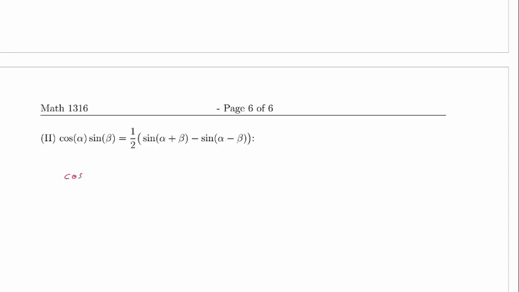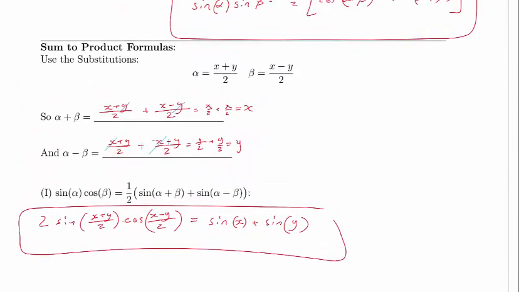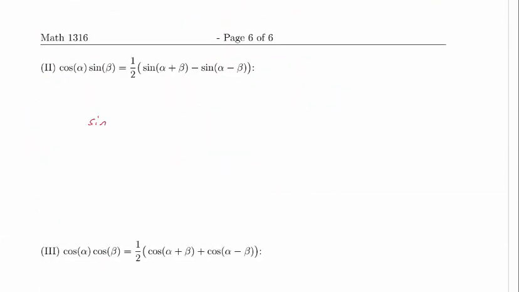So let's go ahead and multiply both sides by 2. Let's take care of this side first, right? So we've got sine of alpha plus beta, which we covered is x, minus sine of alpha minus beta, which is simply y.